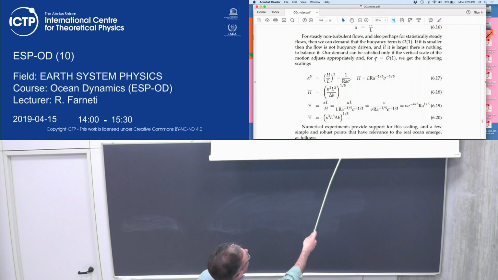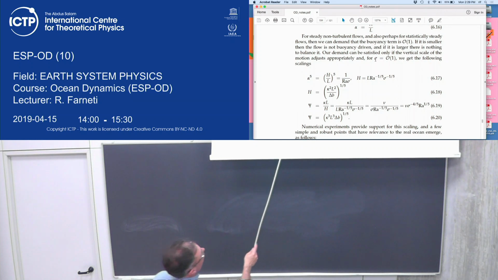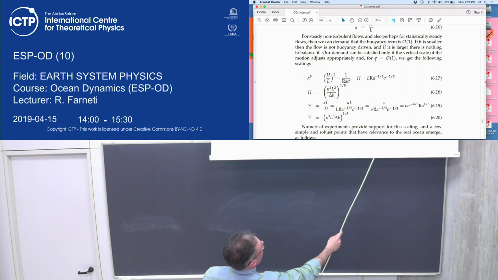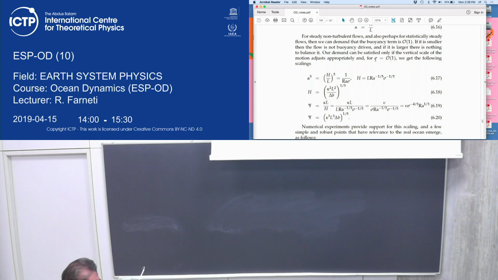So h, the height of the box, looks something like this, which, using the expressions for the Rayleigh number and the Prandtl number, looks like this. And for the stream function psi, rearranging things, you eventually get an expression that looks like this.